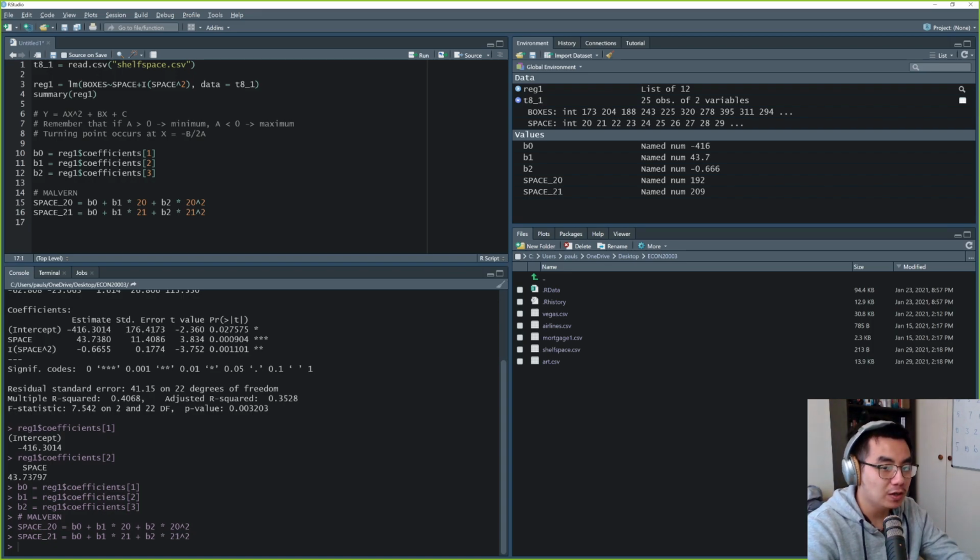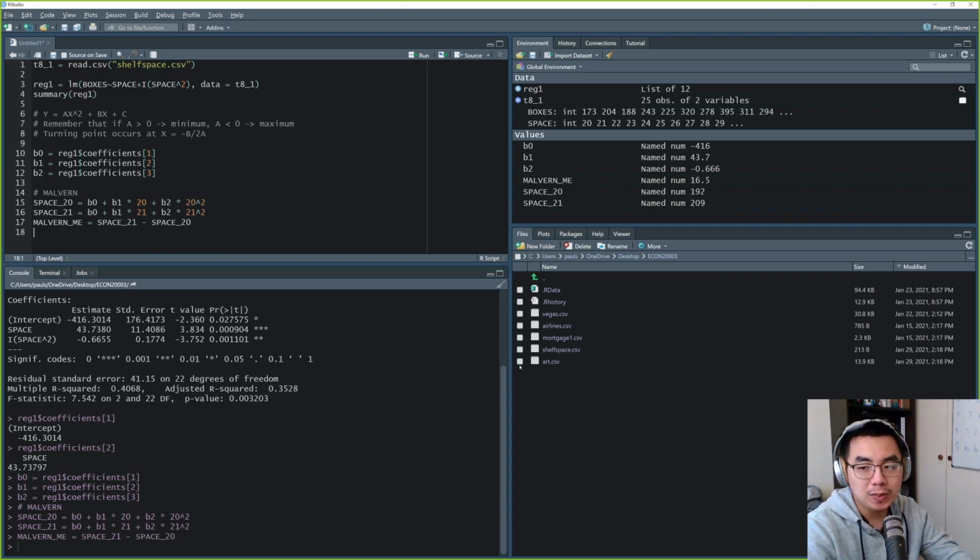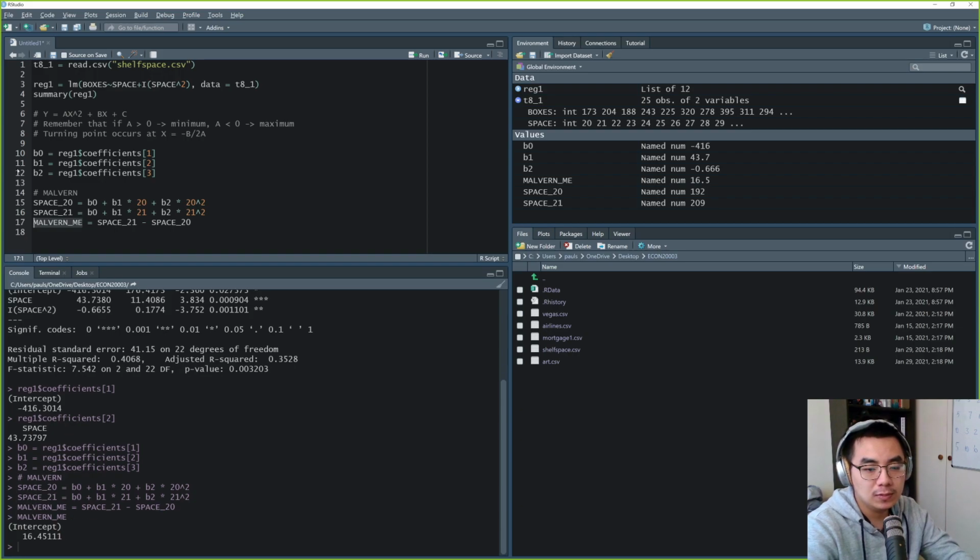So if Melvin were to go from 20 to 21, their marginal effect, as we call it, so this is the Melvin marginal effect, is space 21 minus space 20, which would be 16.45. All right, so that means that Melvin would sell 16.45 more boxes if it increased its floor space displaying this detergent from 20 centimeters to 21 centimeters.